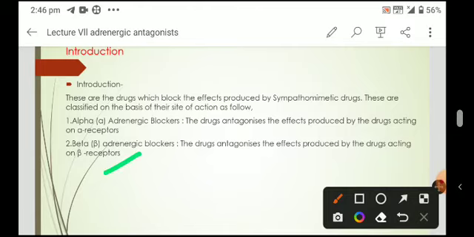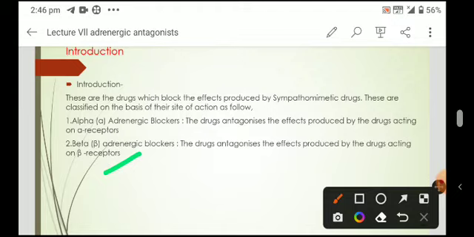Means some drugs antagonize the effects by acting on the beta receptors, that is the beta adrenergic blockers, and some drugs antagonize the action at alpha adrenergic receptors, that is the alpha adrenergic blockers.